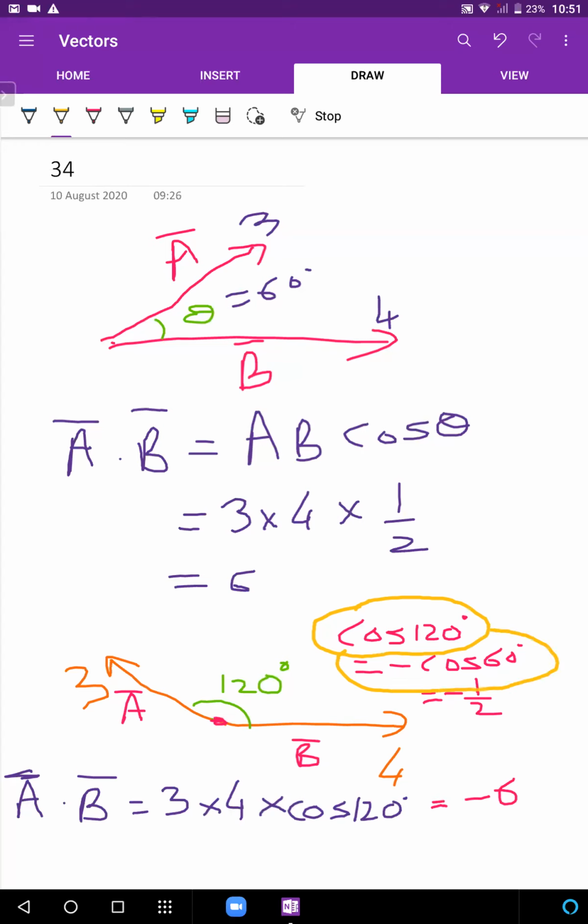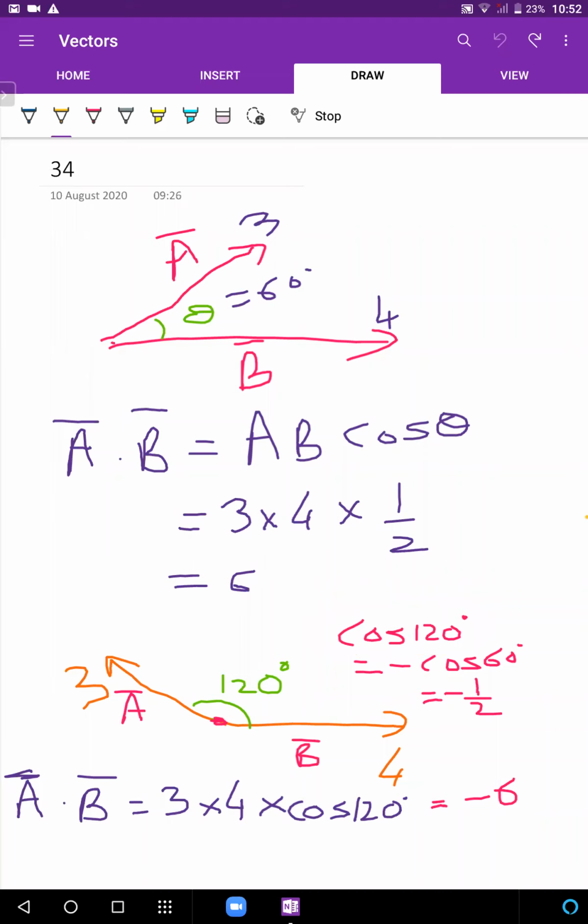So cos theta is negative of cos 180 minus theta. So this is negative of cos 60. Cos of supplementary angles are negative. Okay? Cos 120 is negative cos 60, is negative half. Cos in the second quadrant is negative. Cos 120 is negative half.